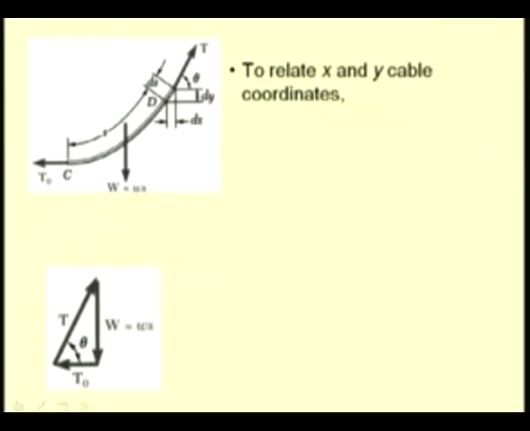So, we write again from this differential element dy is equal to dx tan theta, and tan theta we get from this force triangle as w by t naught, which is equal to s by c, and we know that this is equal to sine hyperbolic of x by c from the previous equation that we derived for the relation between x and s.